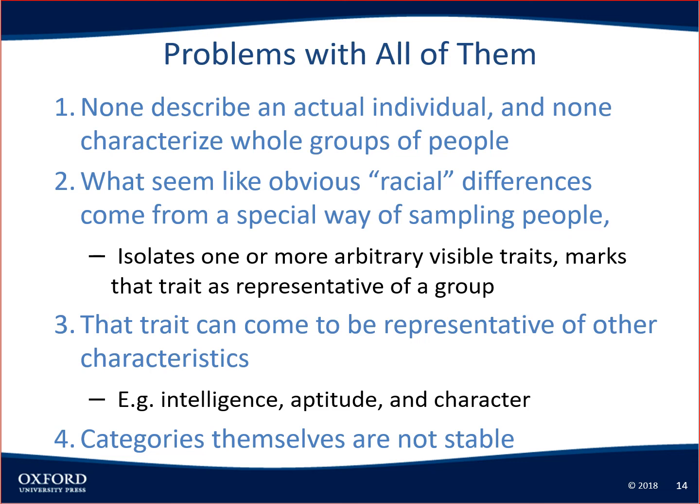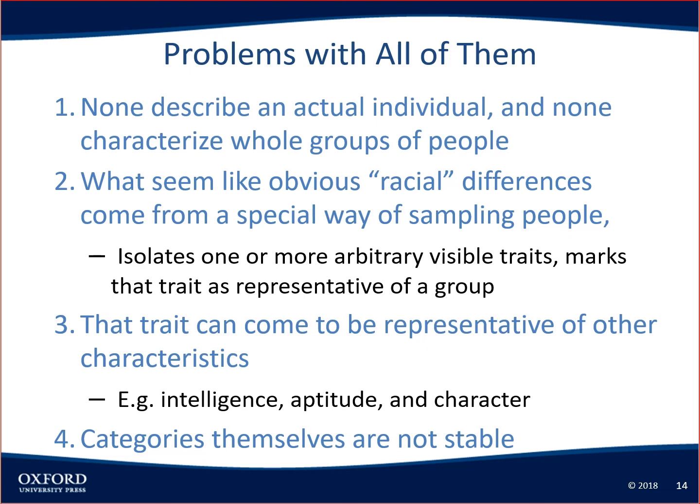What seems like obvious racial differences come from a special way of sampling people, that is, isolating one or more arbitrary visual traits and marking that trait as representative of a group. The trait can come to be representative of other characteristics, such as intelligence, aptitude, and character.